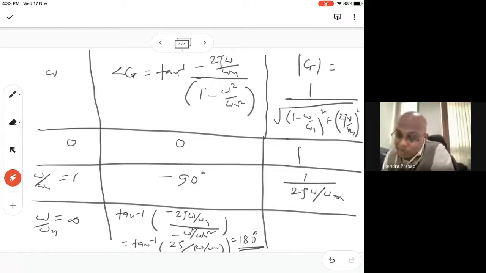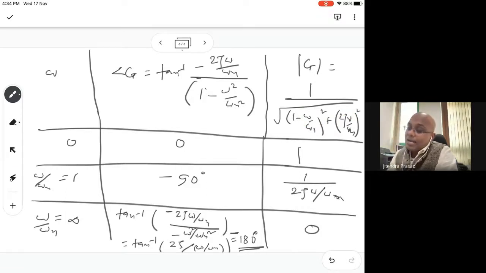However, this is 180 degrees, because if you take omega over omega n less than infinity, say omega over omega n equal to 4, you will definitely see that the angle will be somewhere between minus 80 degrees and minus 90 degrees. Hence the limiting value as omega over omega n goes to infinity is minus 180 degrees. And similarly, the magnitude here, if you put infinity, you get a value equal to 0.